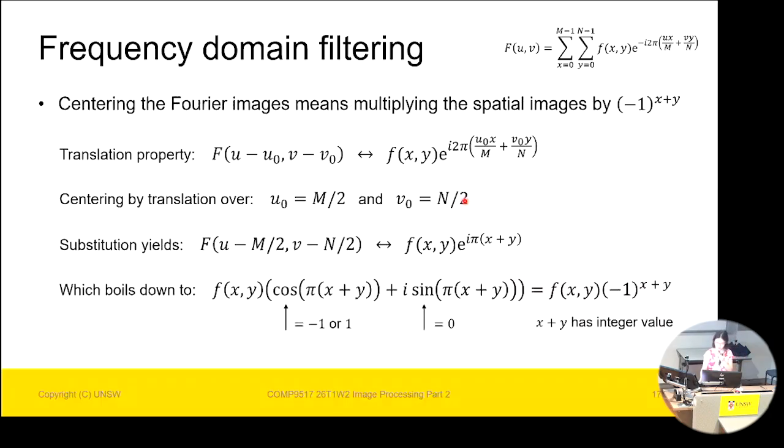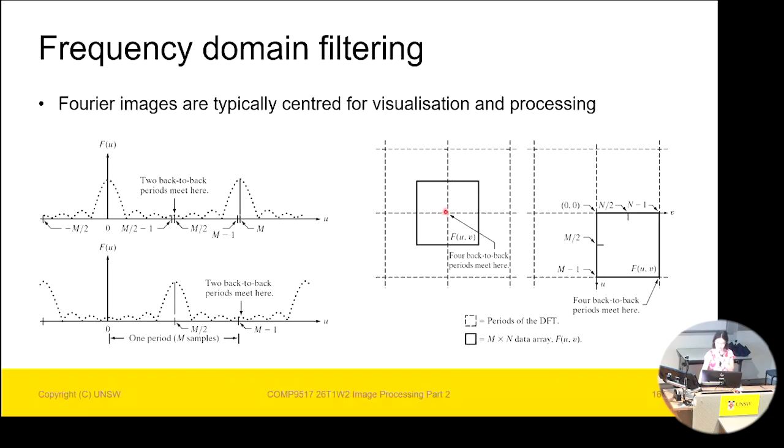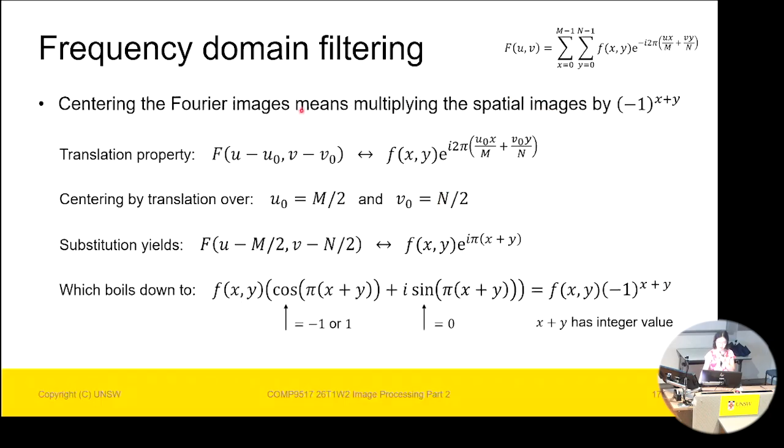Here is another way of mathematically getting this. We can use this operation to center the 2D matrix, putting the 0,0 in the middle. It's probably not intuitive: we multiply the spatial image by this term.